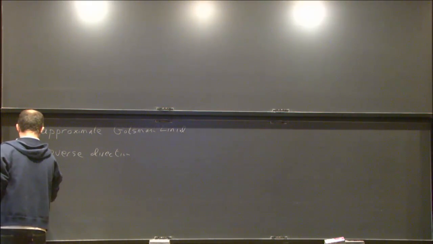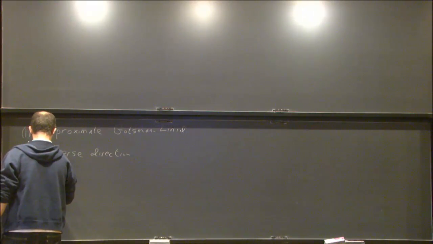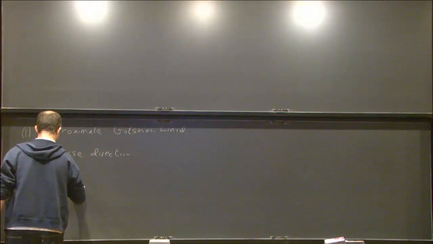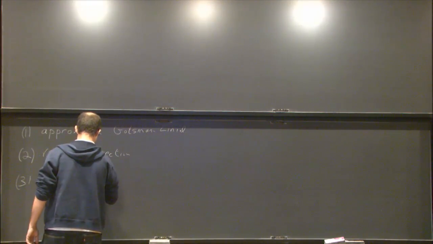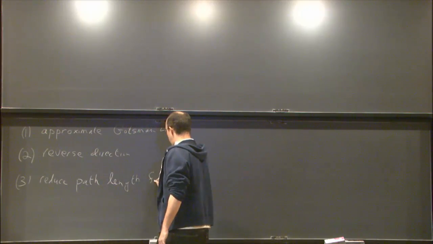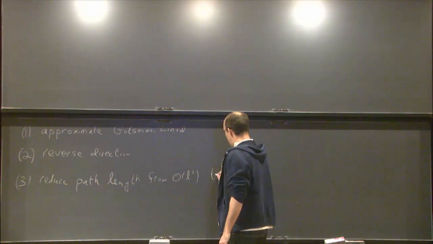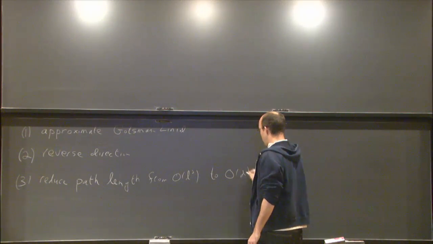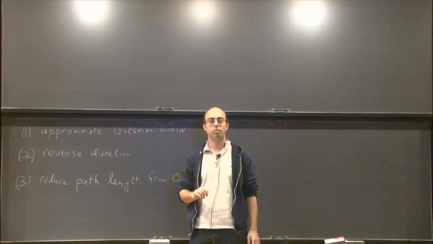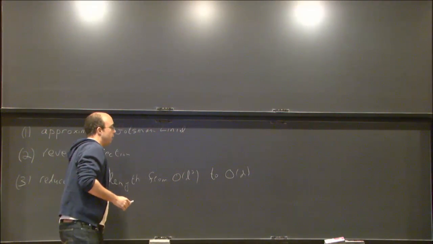And the third, the more technical part, is how do we reduce the path length from order of d squared, which I showed you, to order of d. Again, if you have any questions, just ask. Okay, let's start with the first one.